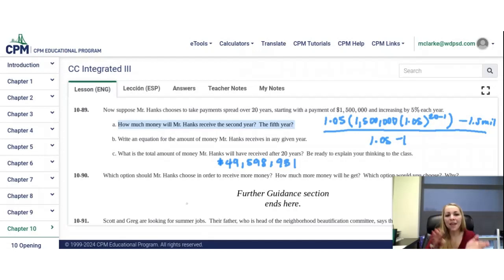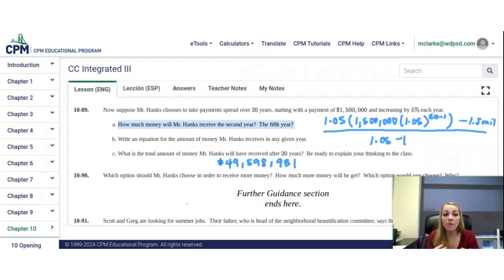So coming back to what should he choose? Well, in the first option, he makes more money. And that might be a surprise, right? Maybe you're like, oh, we're talking about series, he would make more money in this one. His interest rate is lower here. But keep in mind, in the first option, he has to keep that money in the bank and can't touch it for 20 years to get that amount of money.